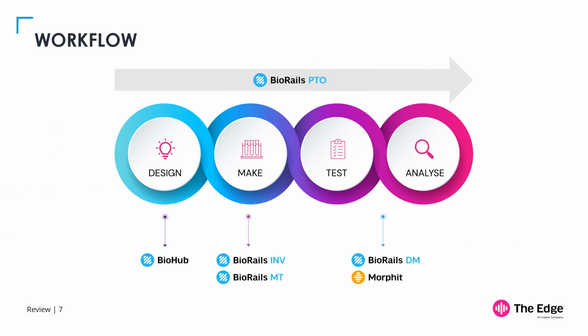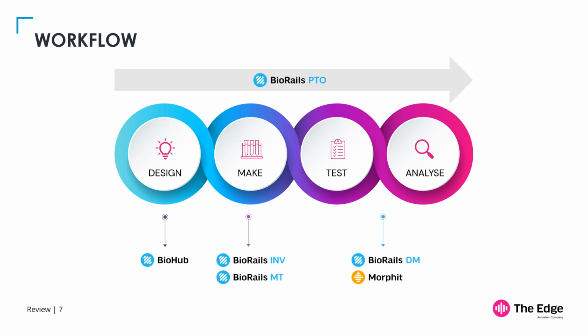So in this way, all the modules of BioRails work together to drive forward the design, make, test, and analyze phases. BioRails PTO is used to generate the demand from project teams. The BioHub data is brought together to allow designers to design improved and optimized molecules targeting your therapeutic area. The inventory and materials module are there to register those test articles and then distribute them to the test site, whether they're in vials or plates.